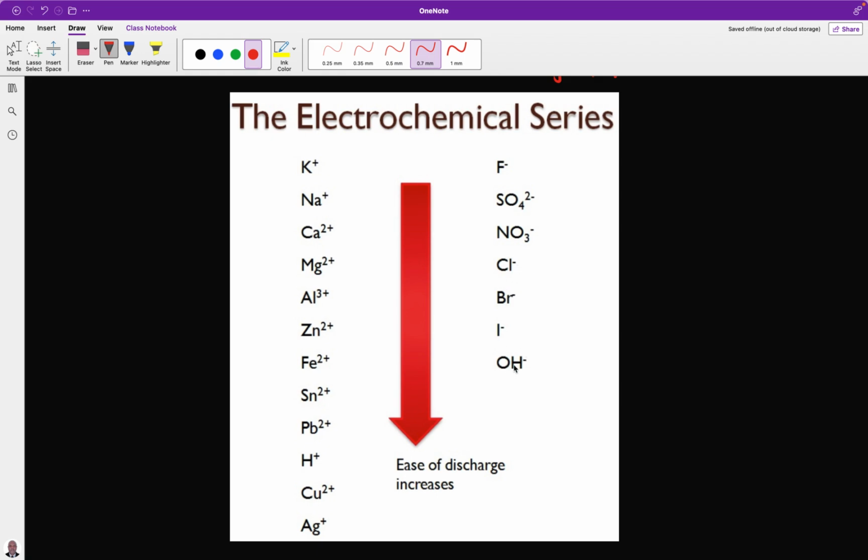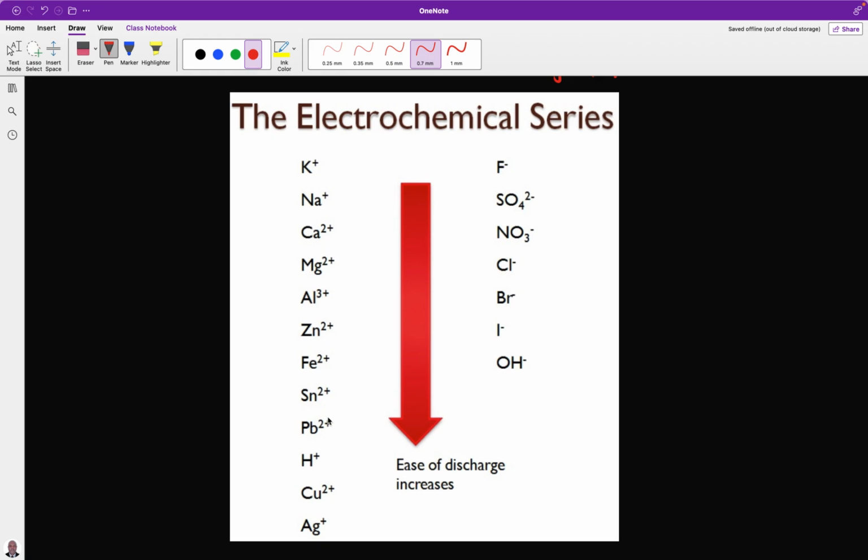It will be the one to be discharged. Just as I said, if I have hydrogen ion and a copper ion, copper will have the priority to be discharged over hydrogen ion. So their position in the electrochemical series determines which ion is discharged at the electrode.